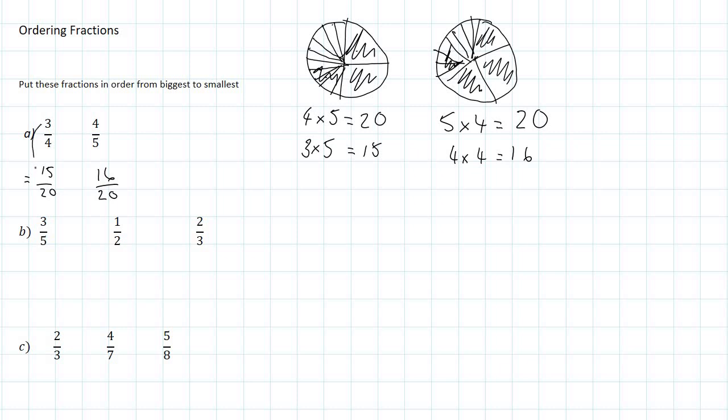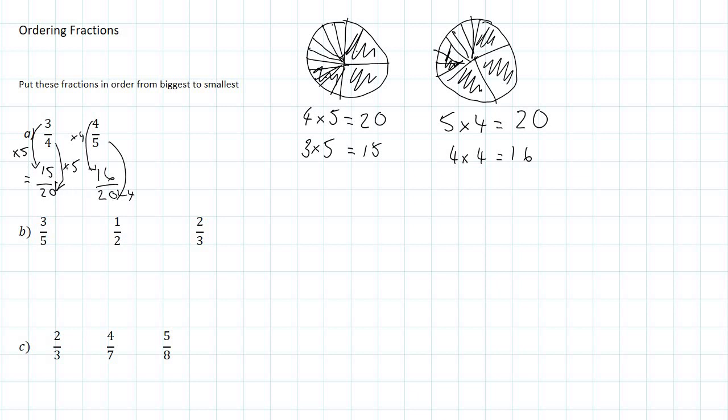All I've done is 3 times 5 and 4 times 5. Remember, to get an equivalent fraction, the same fraction, I need to multiply top and bottom by the same thing. And here I've multiplied by 4, top and bottom. So my new denominator, I've got 4 times 5 and 5 times 4. They're obviously both the same thing.